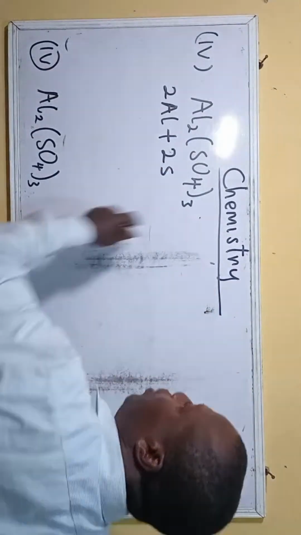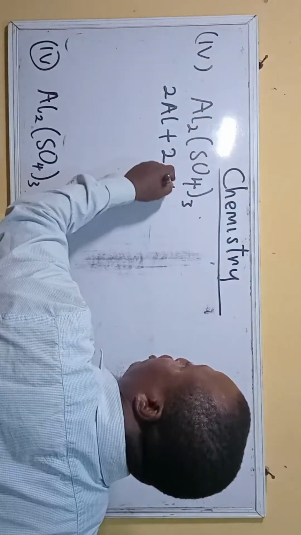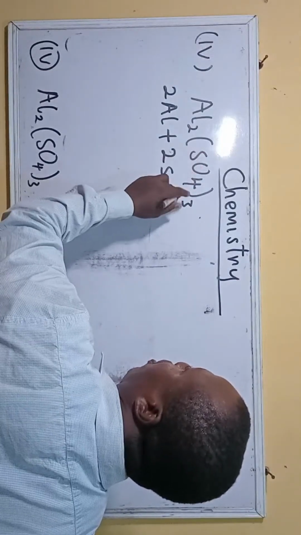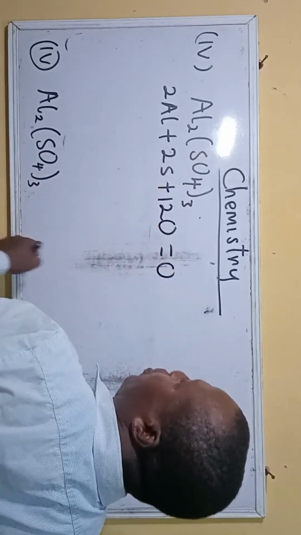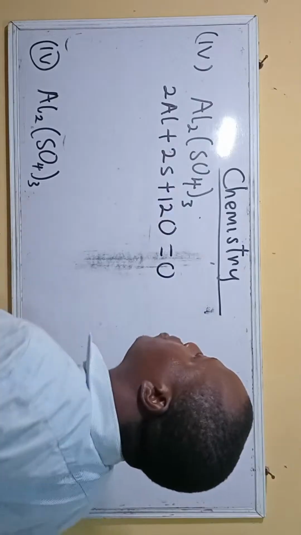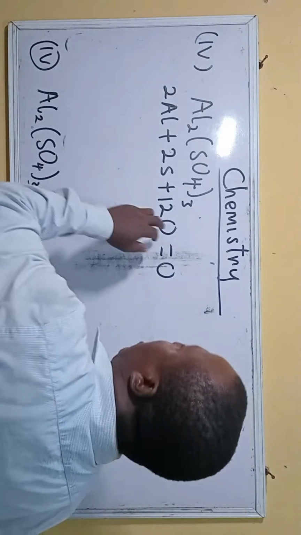Now, the next one, 3 times this 4, which is 12. 12 like this equals 0. Now, I have oxygen here.